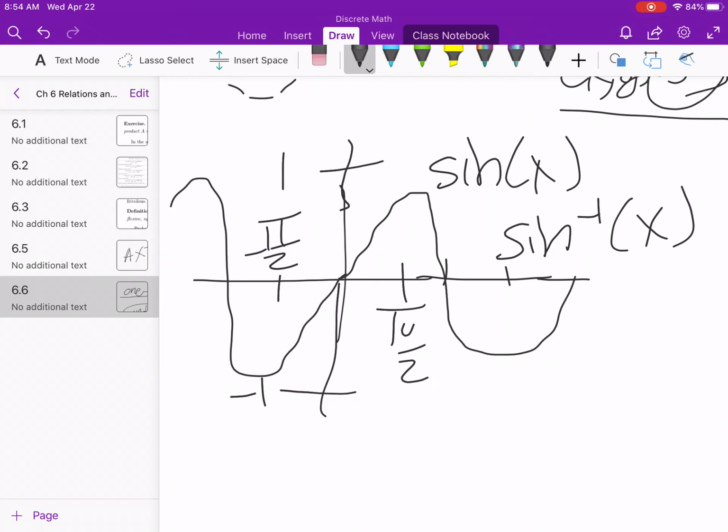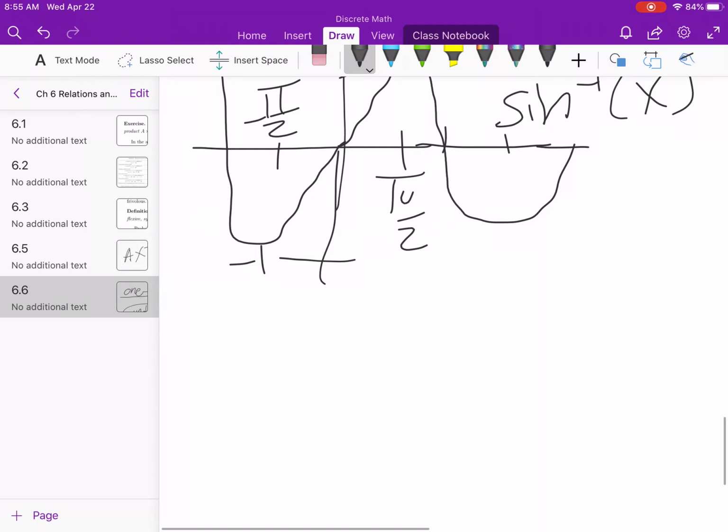But what I could actually do is restrict my domain such that I still get the full range, but I make my function one-to-one, right?